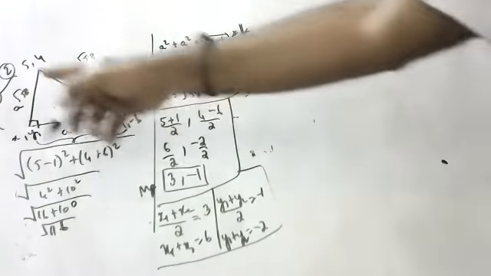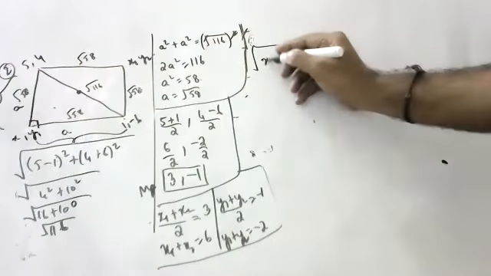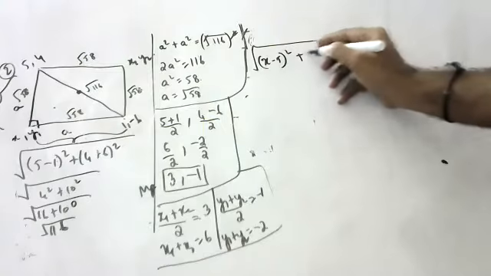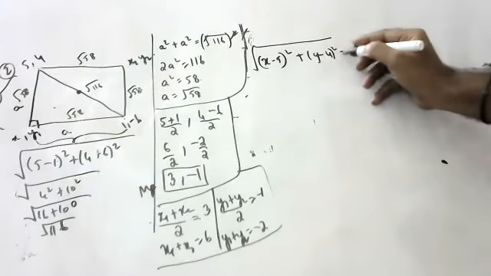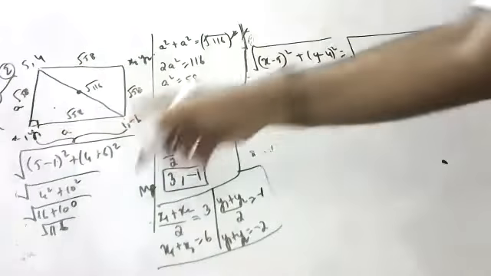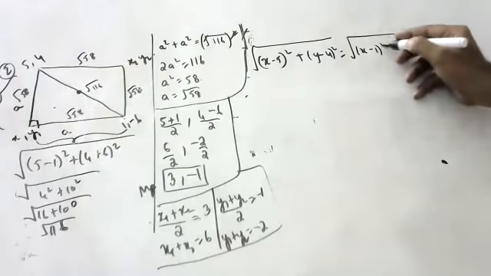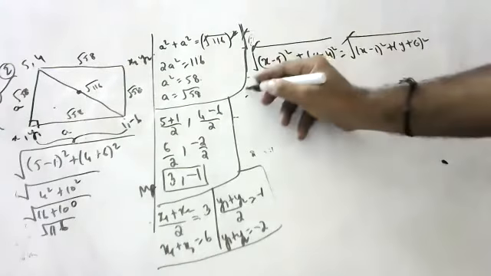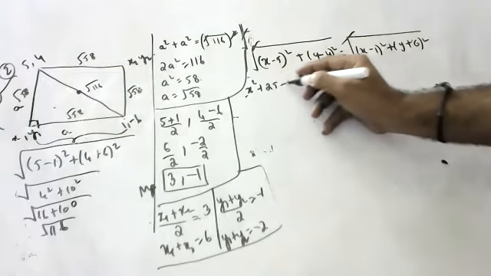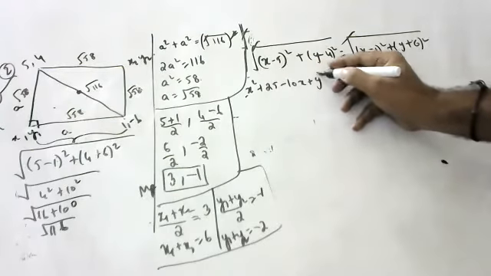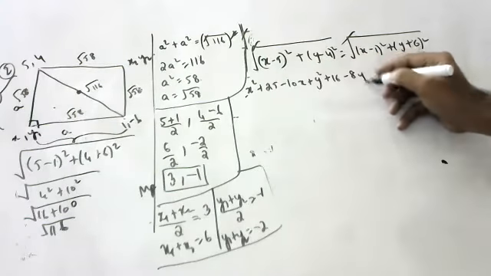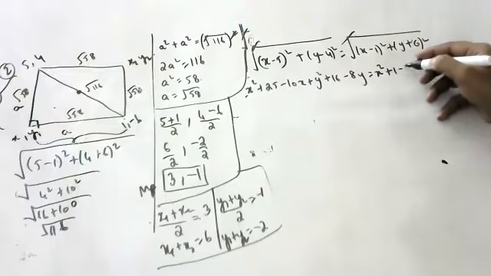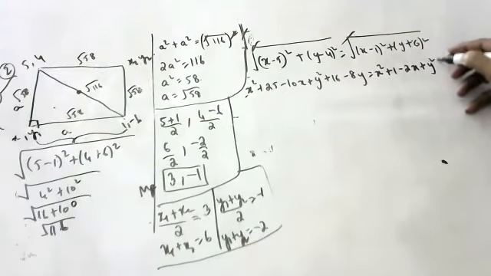I will show, because the sides are equal. Under root of (x minus 5) whole square plus (y minus 4) whole square is equal to under root of (x minus 1) whole square plus (y plus 6) whole square. Squaring: x square plus 25 minus 10x plus y square plus 16 minus 8y is equal to x square plus 1 minus 2x plus y square plus 36 plus 12y.